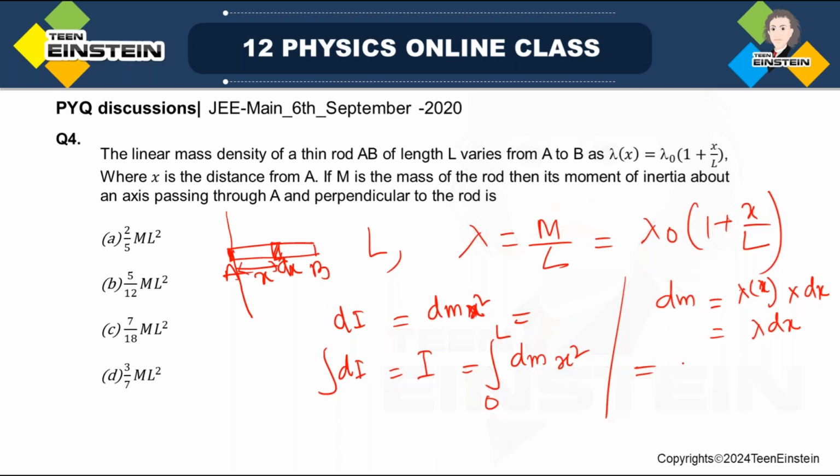Now lambda is not a constant lambda. So if we want to calculate the total mass m, okay, so dm is this one. We can go for integration now.